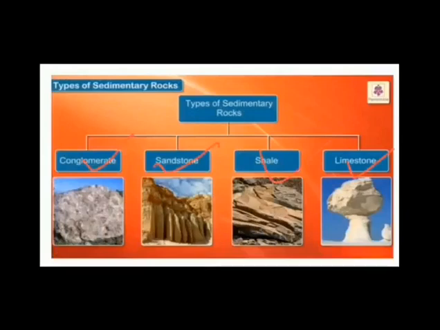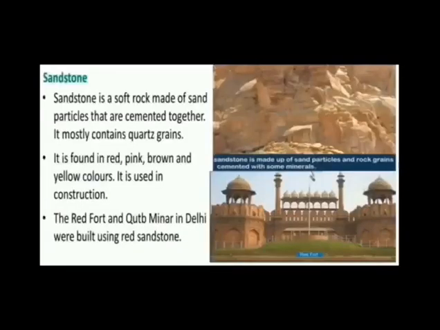The first example of sedimentary rock is sandstone. Sandstone is a soft rock made of sand particles that are cemented together. It mostly contains quartz grains. It is found in red, pink, brown and yellow colors, and sandstone is used in construction. The main uses of sandstone are for making pavements, roofs and floors.